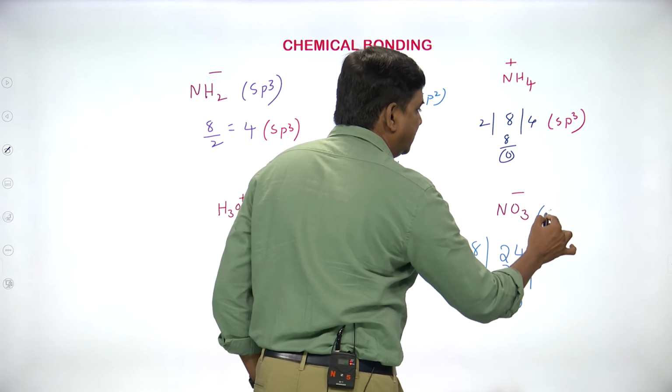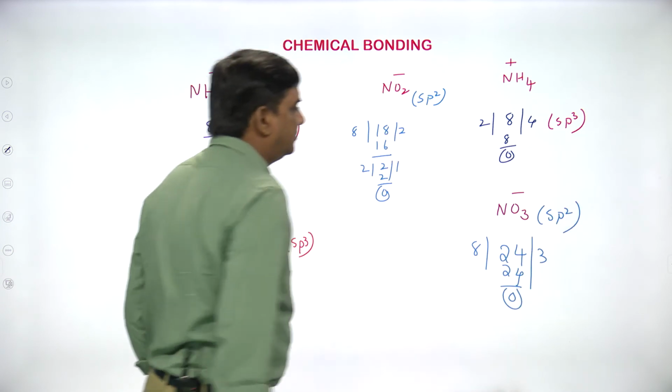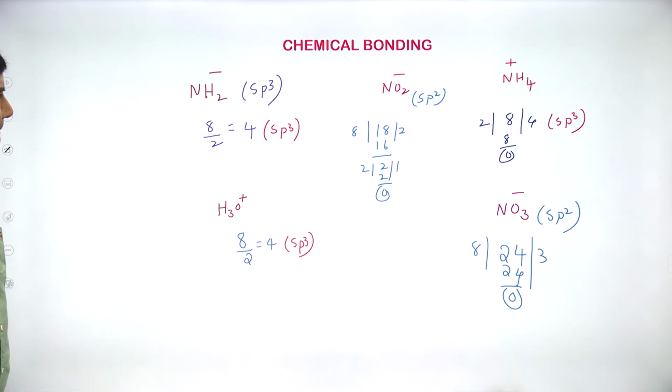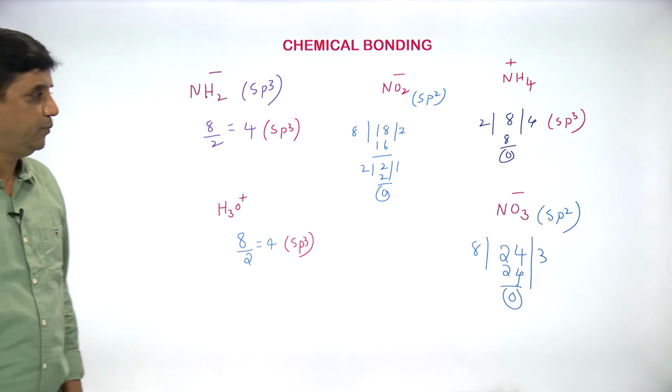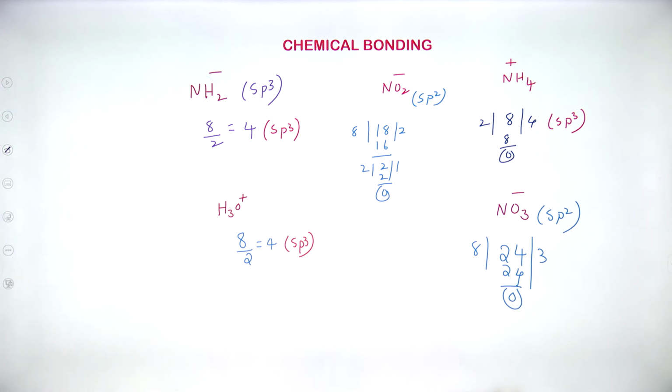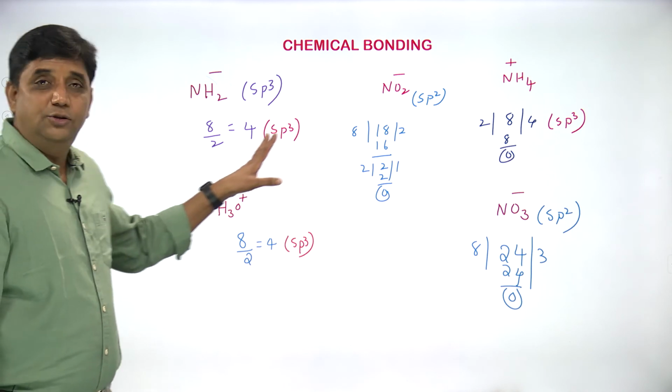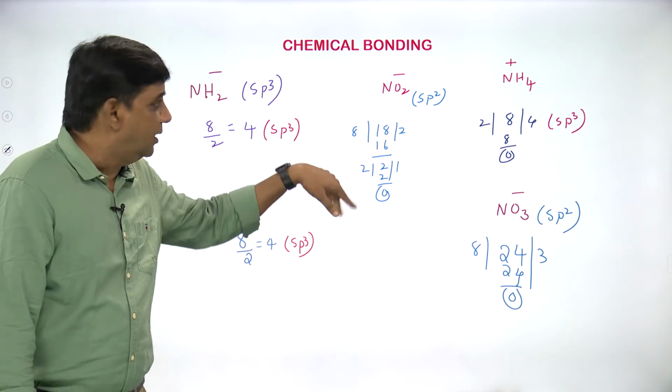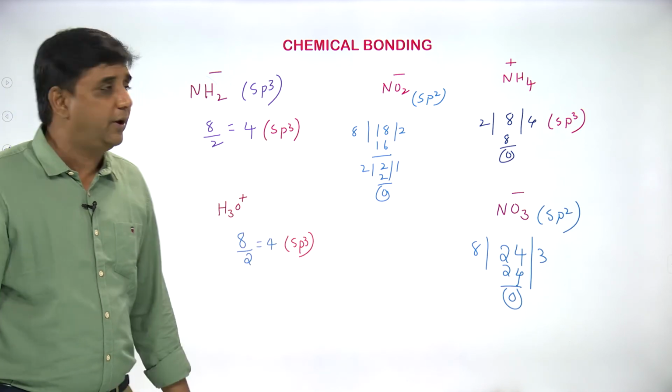Therefore, this is also sp2 hybridization. And this is how for the charged species you can calculate the hybridization, students. Okay.